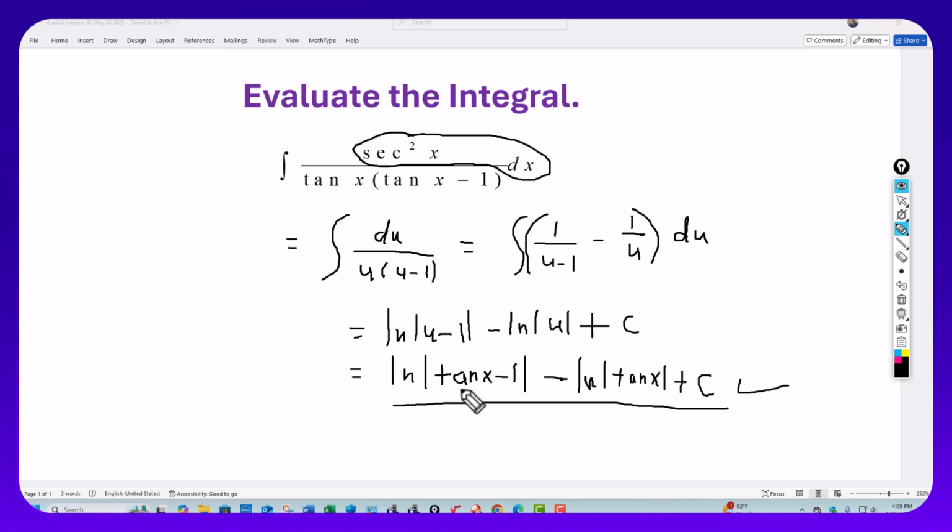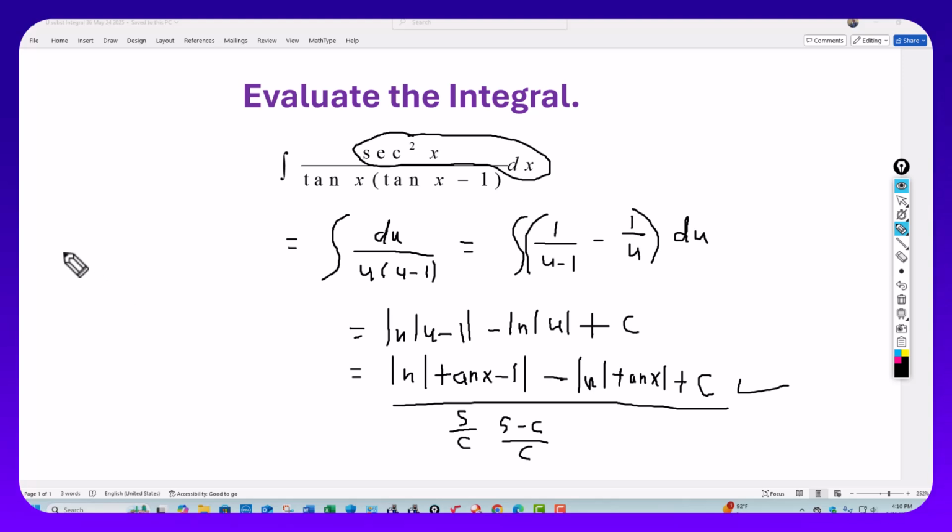For this one here, I'm going to abbreviate. I have trouble with this little pen, and I have bad handwriting. So this is sine over cosine for this one, and the same thing for this one. So I can write this as sine minus cosine over cosine, and then combine them together. So in the log here, we have the absolute value of sine minus cosine over cosine.